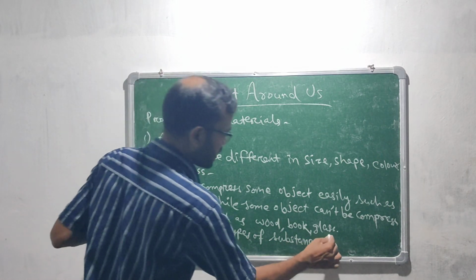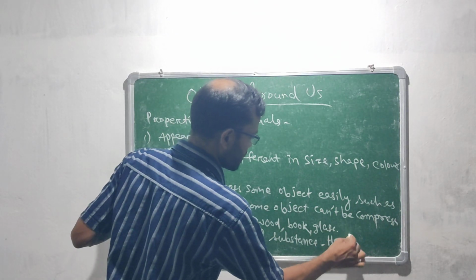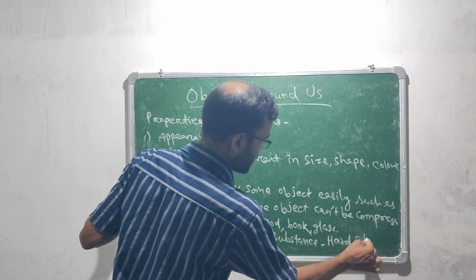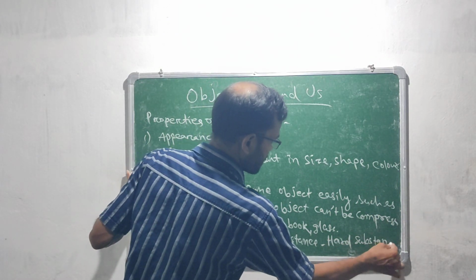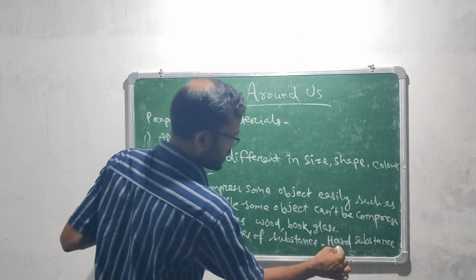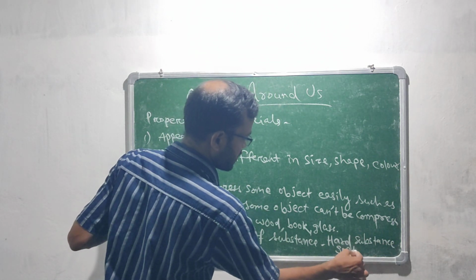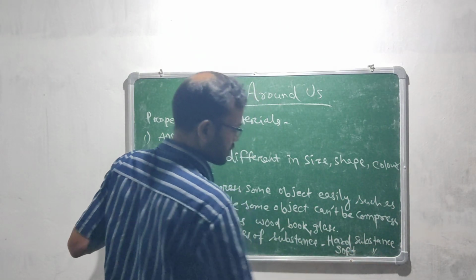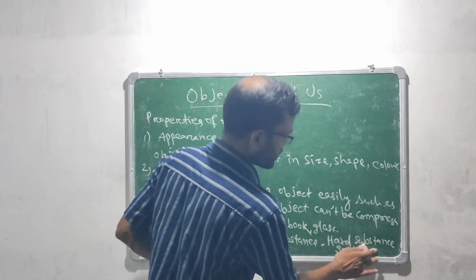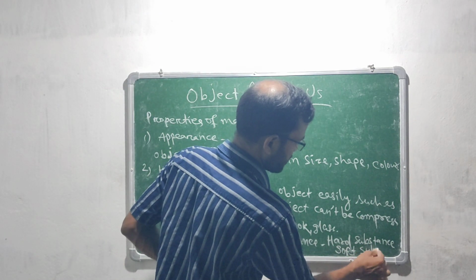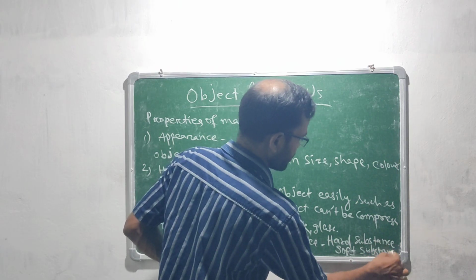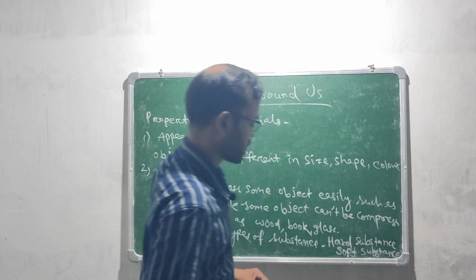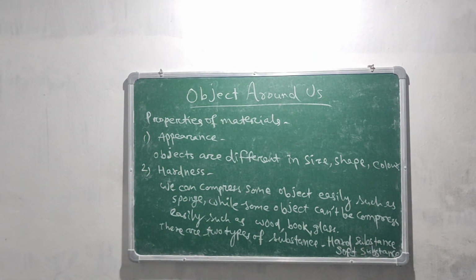They are hard substances, which are hard in nature, and soft substances, which are soft in nature. I can write the whole one, not the short one. Okay, give me some time.